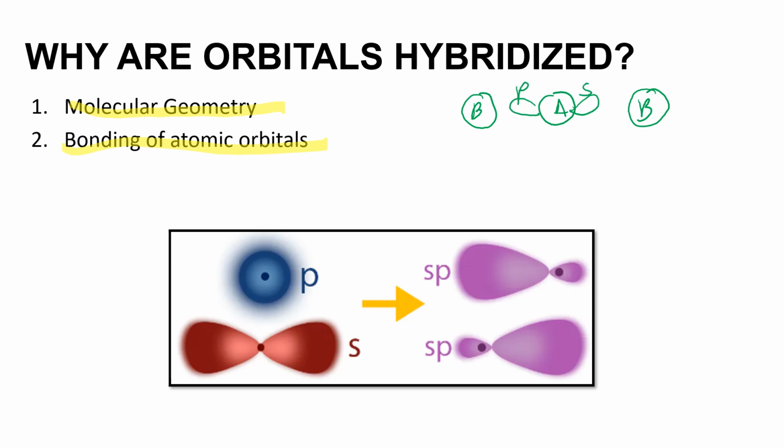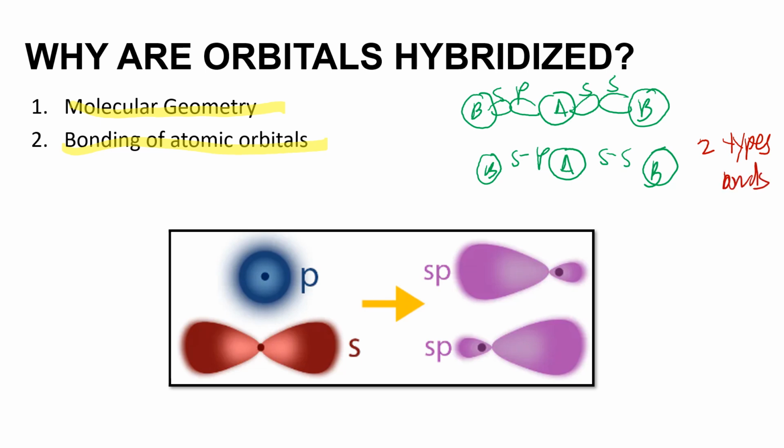And atom B has an s orbital and an s orbital. So when atom A reacts with the B atoms, it will have sp and ss bonds. And that means that it has two types of bonds, which is impossible or wrong. So it cannot have two types of bonds.